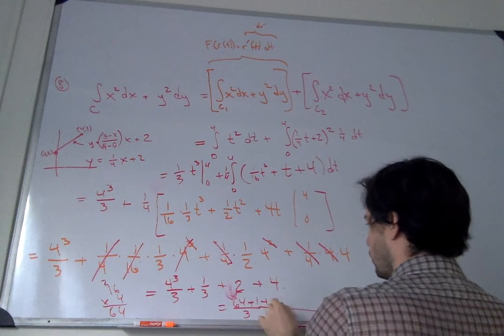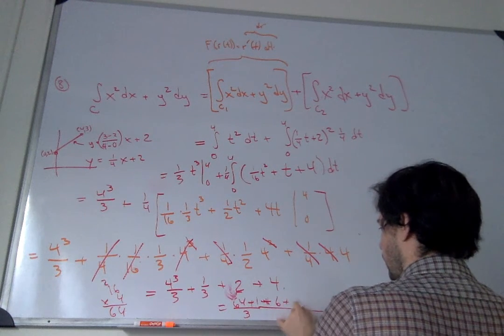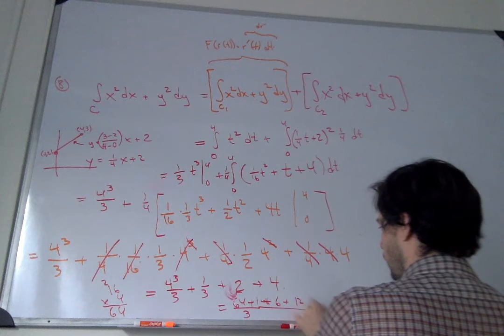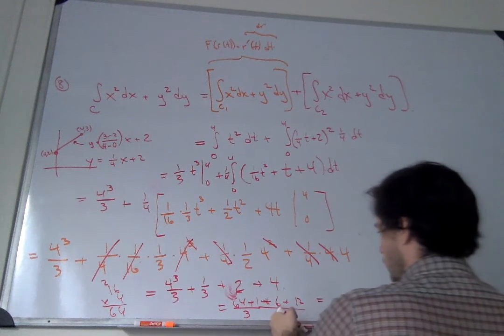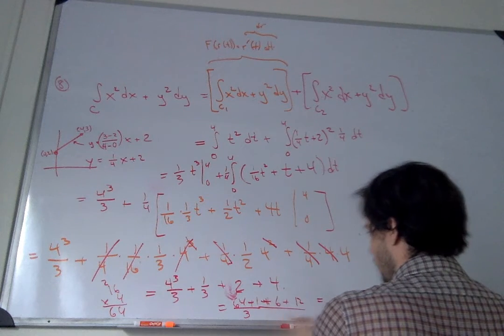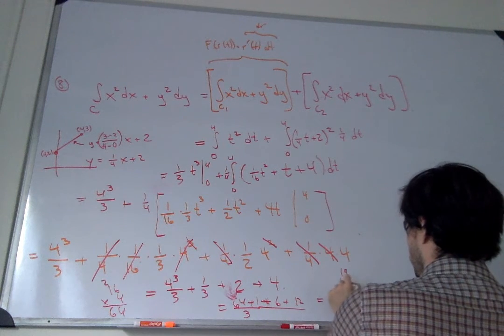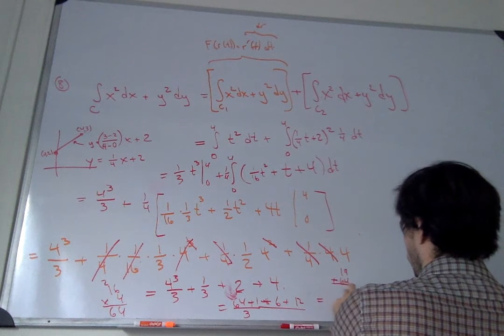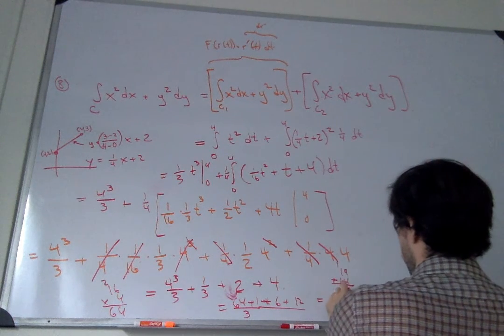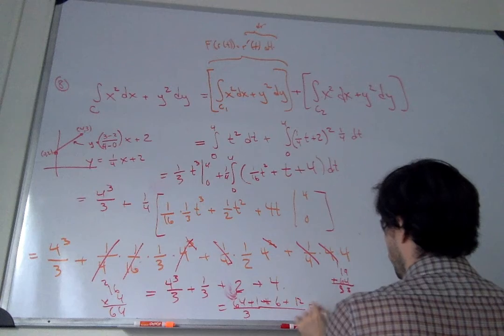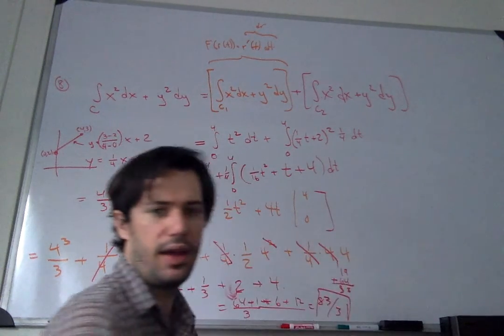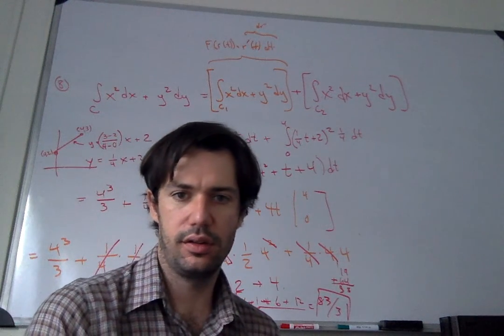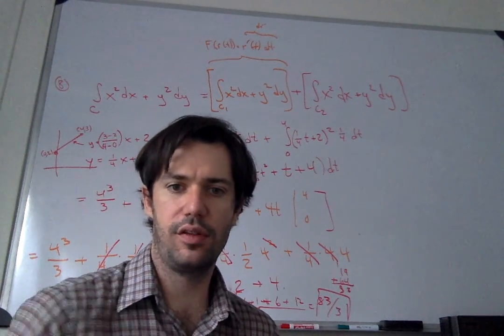So that's a 6 plus 6 plus 12. Okay, so what is that? This is 18, 19, 19 plus 64, 83. So your final answer should be 83 over 3.